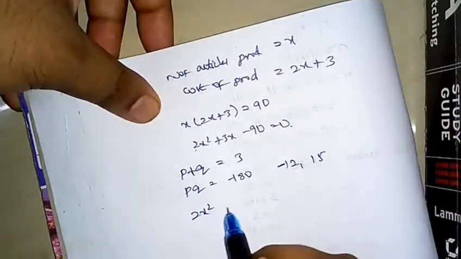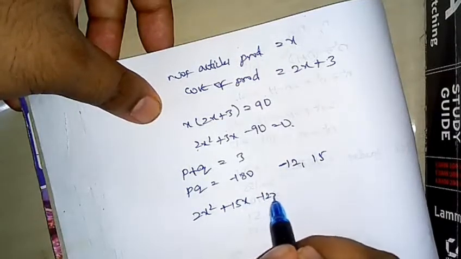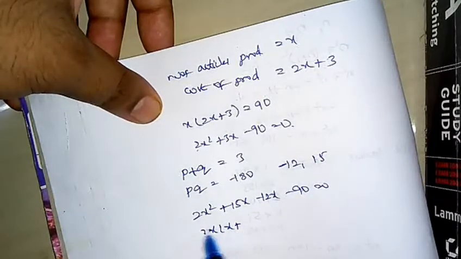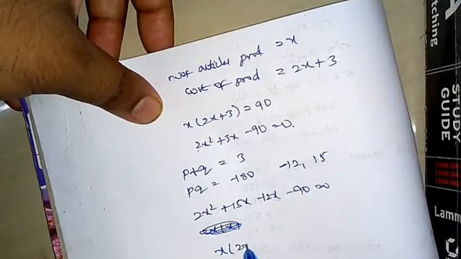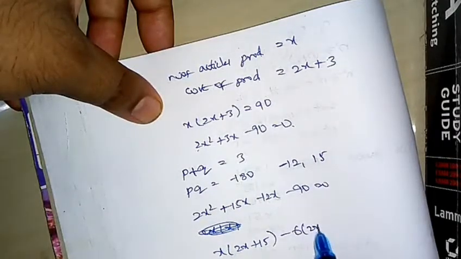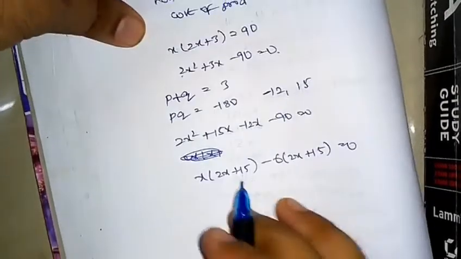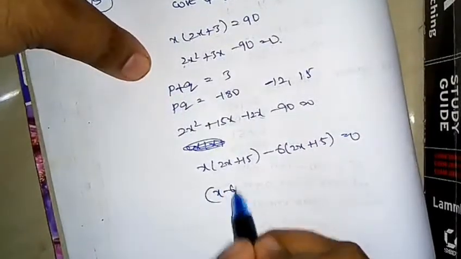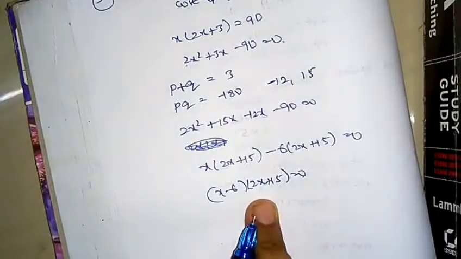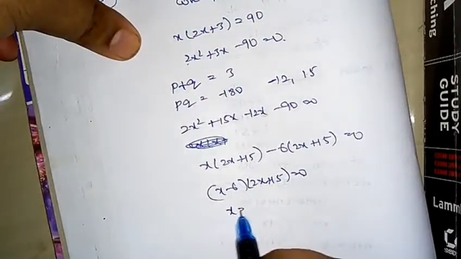So you can write 2x square, 3x can be written as plus 15x minus 12x, minus 90 is equal to 0. So x of 2x plus 15 minus 6 of 2x plus 15 is equal to 0. So x minus 6 into 2x plus 15 is equal to 0. X cannot be a decimal number, so x is equal to 6 is the solution.